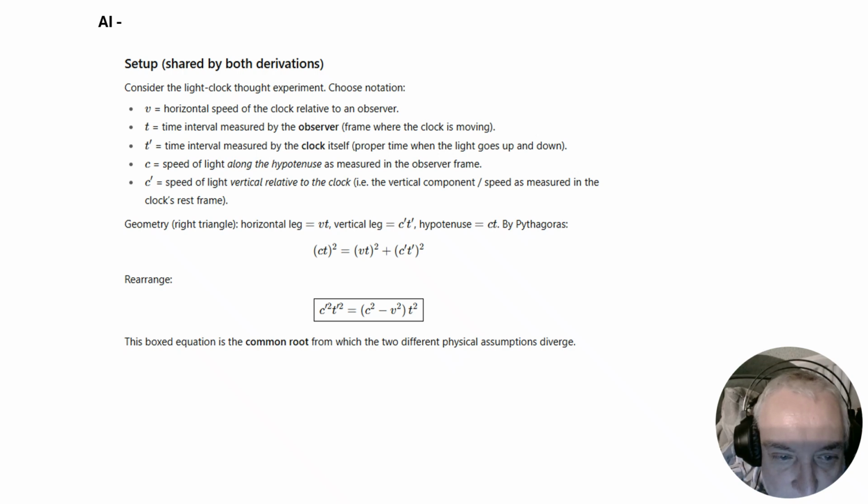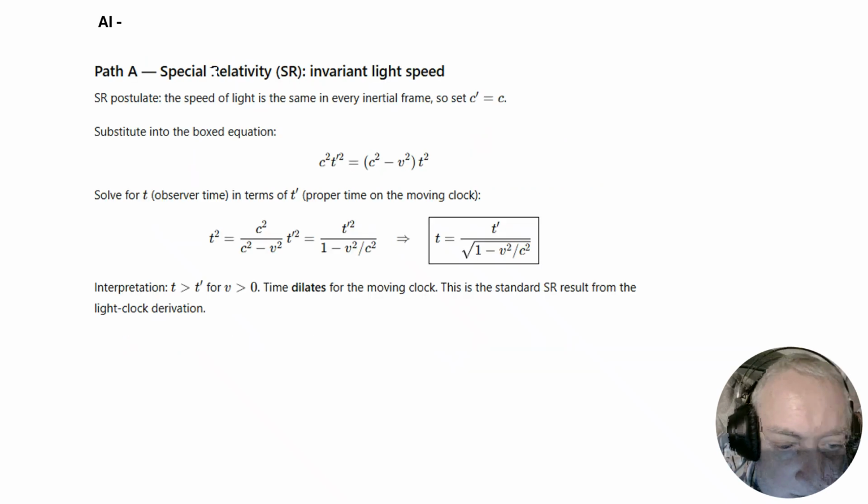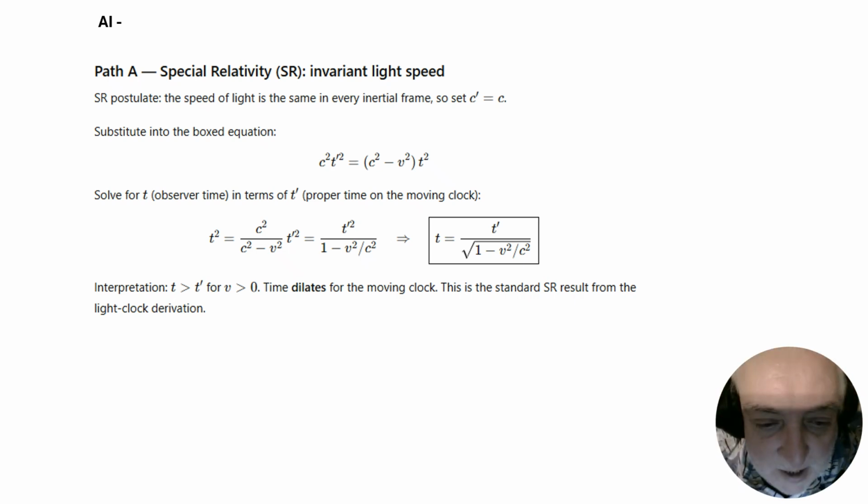So AI is pointing out the setup which is shared by both derivations, which I've gone into before. And so path A is the one which gives you special relativity, and I've gone into details about that already. AI is just repeating itself, and so you get invariant light speed and the time dilation equation.